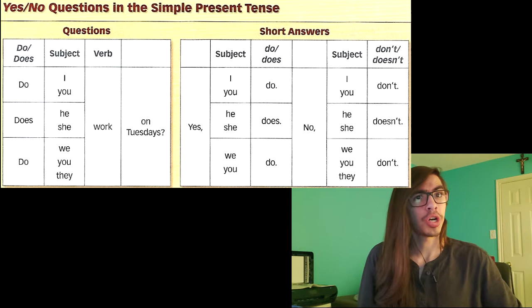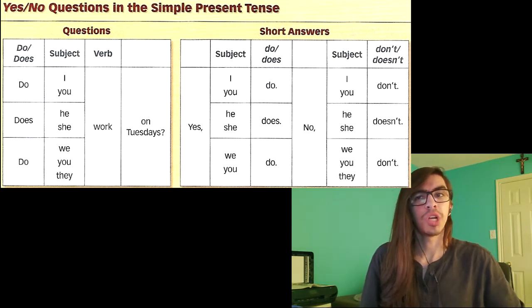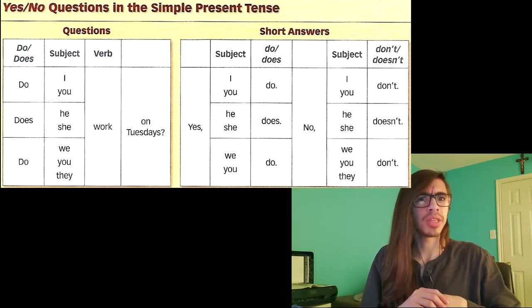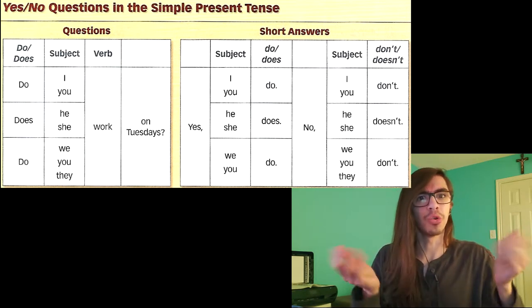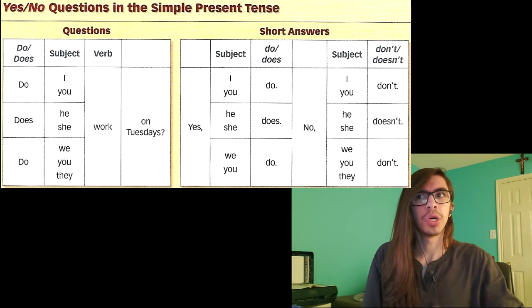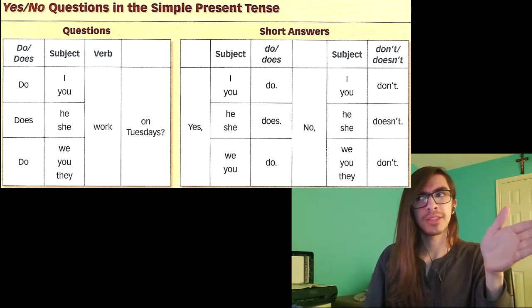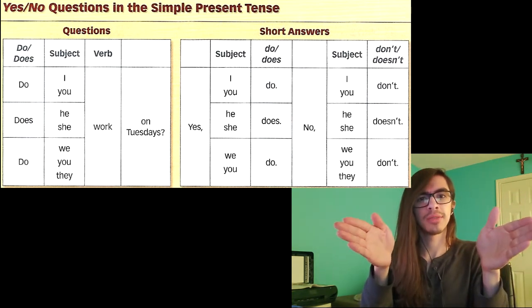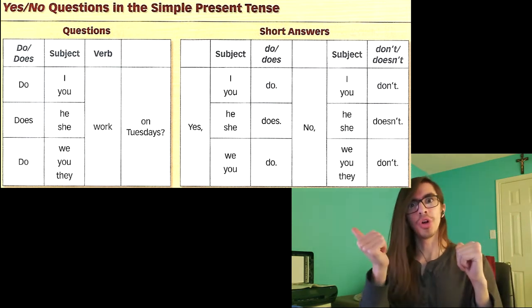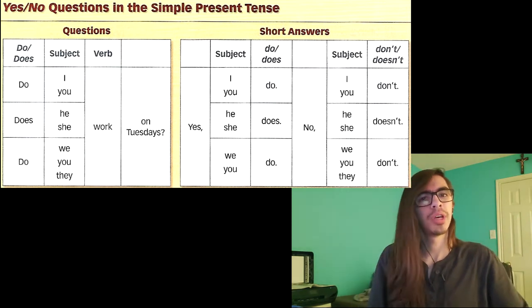And if we look at the chart, we see that when it comes to the answers, las respuestas, frecuentemente empieza con sí o no, yes or no. So, do you work on Fridays? Does she work on Fridays? Yes, no, so on and so on.